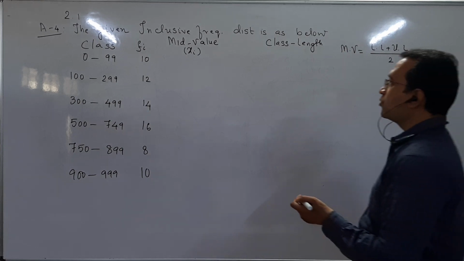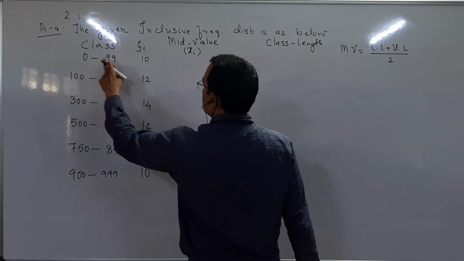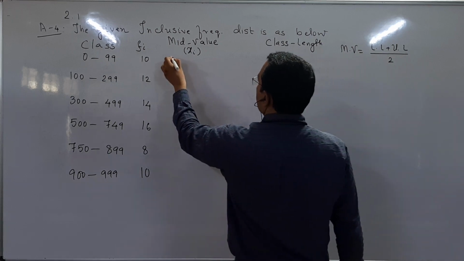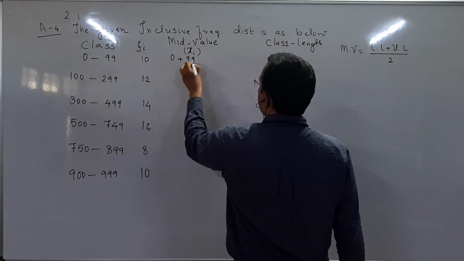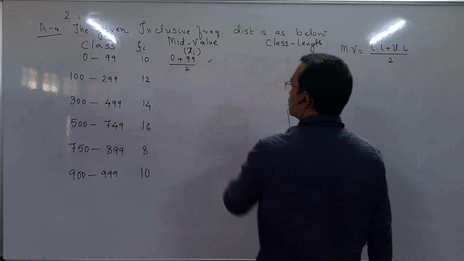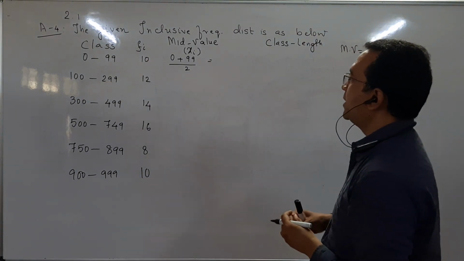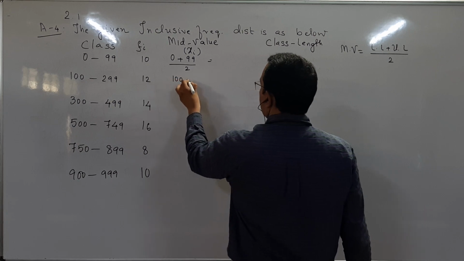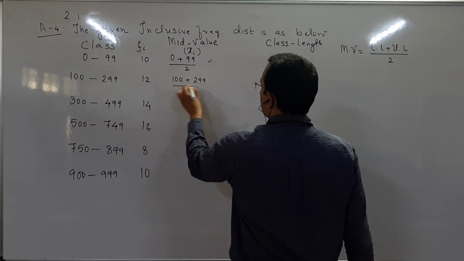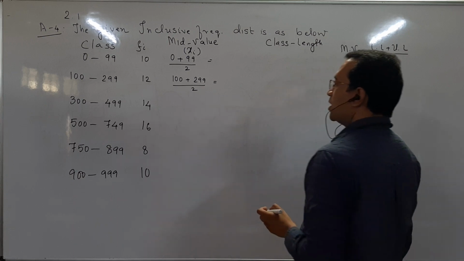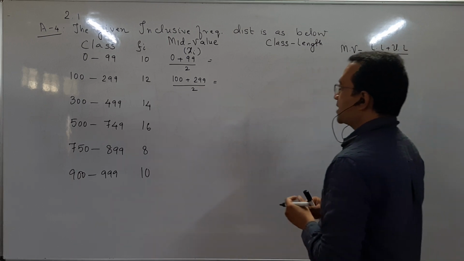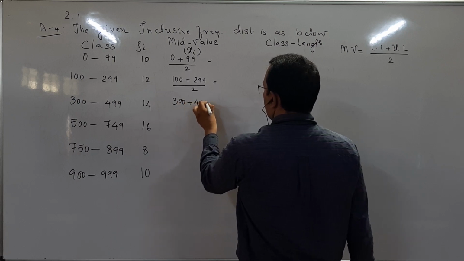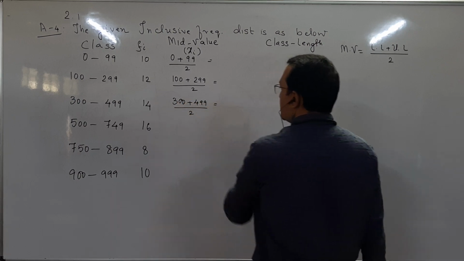So, if I want to find mid value of first class, which is having class limits 0 and 99, then I can write 0 plus 99 by 2. If I want to find mid value of second class, it is lower limit 100, upper limit 299 divided by 2. If I want to find mid value of class number 3, it is 300 plus 499 divided by 2.